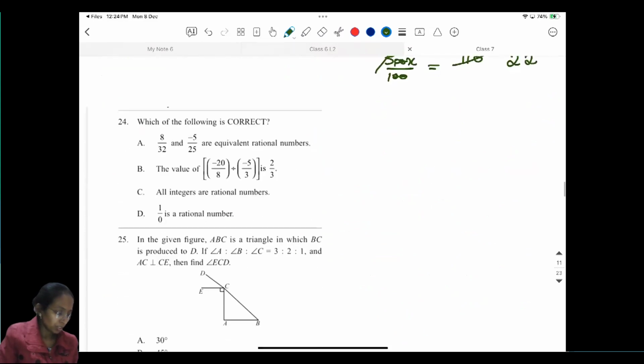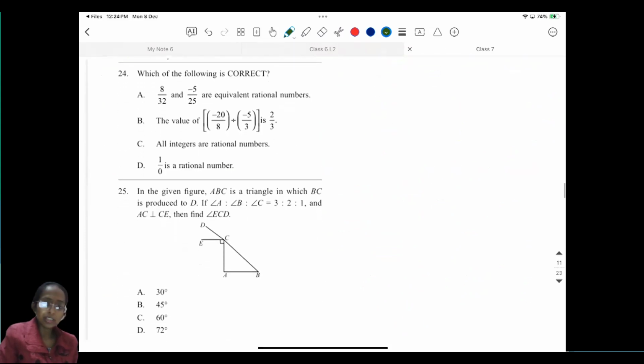Next one, 24th. Which of the following is correct? 8 by 32 and minus 5 by 25 are equivalent rational numbers. Are they equivalent rational numbers? No, a positive and a negative are not equivalent. The value of this is 2 by 3 divided by minus 20 by 8.